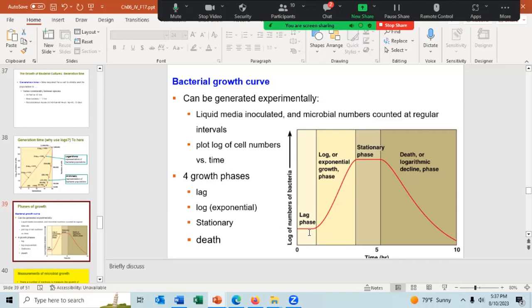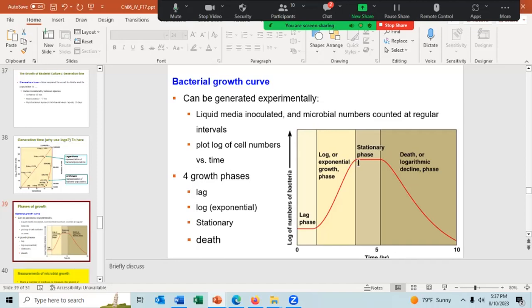Once their enzymes are ready for growing in the new media, they enter an exponential growth phase where there are few cells in the media, lots of nutrients, lots of space. However, as the population number grows, there will be less nutrients and less space for the cells, so their growth will start to slow.